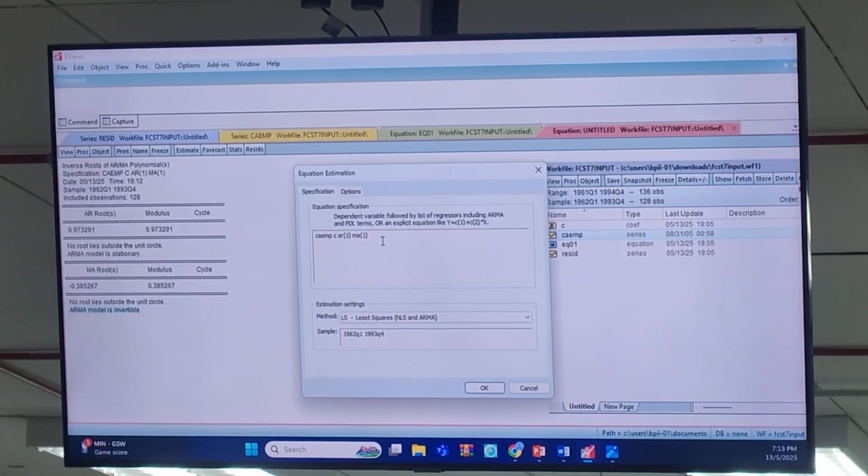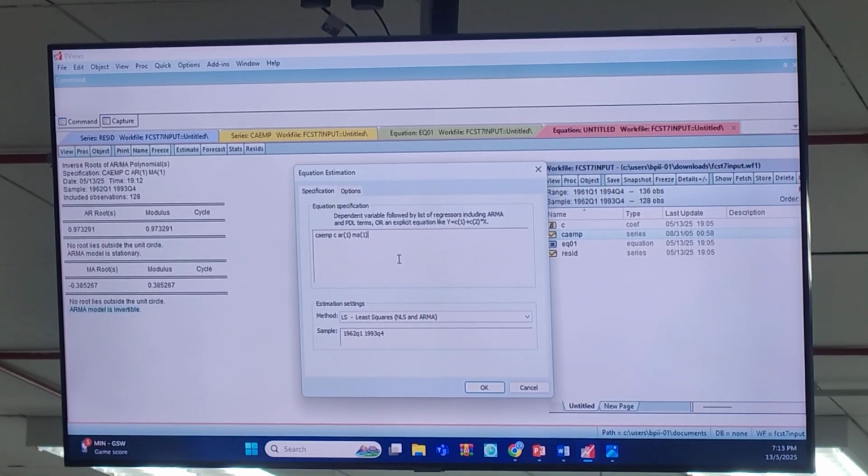Now you can extend, you can add more. Let's say ARMA(2,2). I will not do everything here; if you want, you can estimate later at home. Let's just do a few examples.